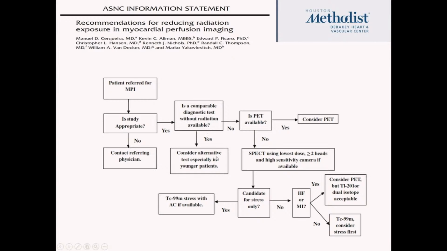If yes, you can use that one. If not, then the next question is, do you have PET? And if there is a PET, then you can go ahead and acquire using positron emission tomography rather than using SPECT, where you try now other tricks to lower radiation doses.